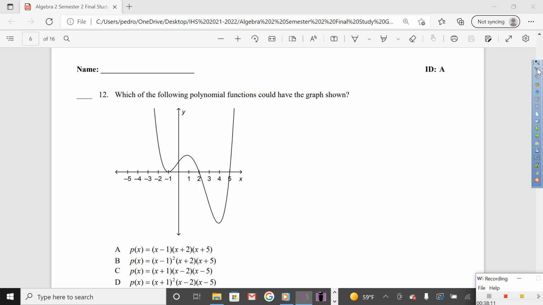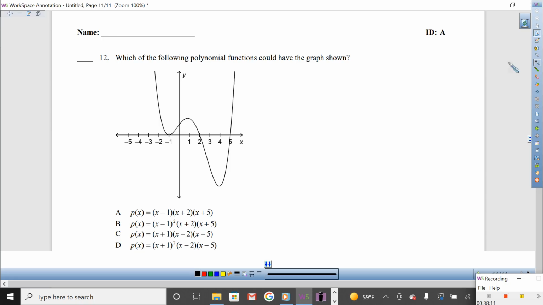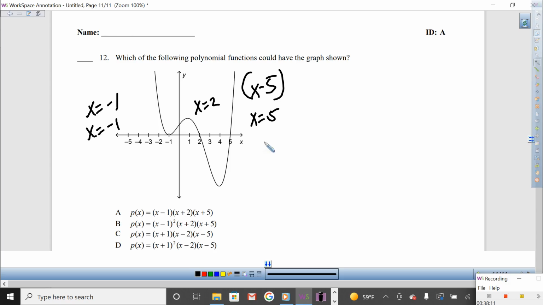Let me move this up. We said this is x equals negative 1, x equals negative 1, x equals 2, and x equals 5. Look at these. This is a plus 5, yes? But what was it before we solved it? x minus 5. So which one has x minus 5? This one and this one. So these are out.